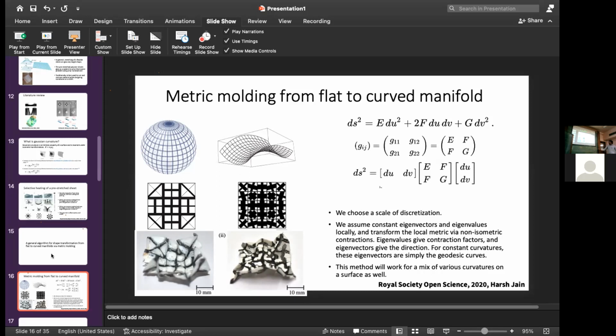So if I take a 1 centimeter square sheet, what is the curvature I get? So this is a 3 centimeter by 3 centimeter sheet. If I go to, let's say, one full half sphere, then my scale of discretization has to be chosen actually, and I guess by repeating it a few times it could be done.